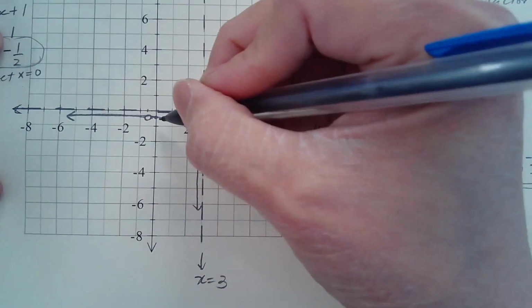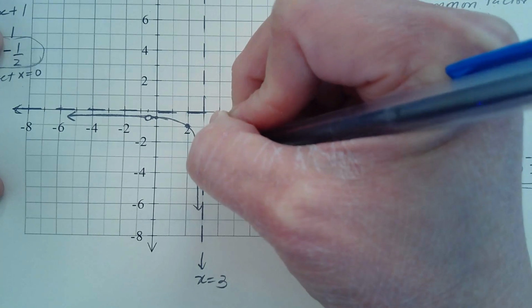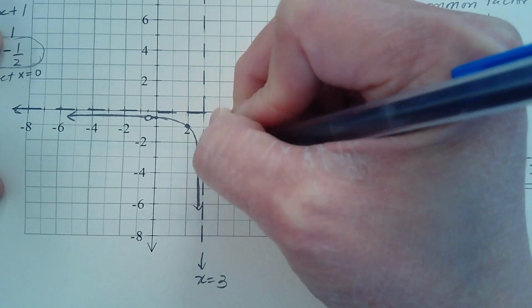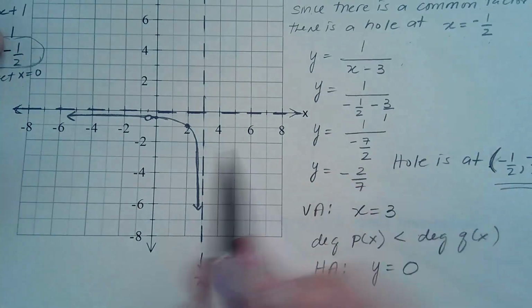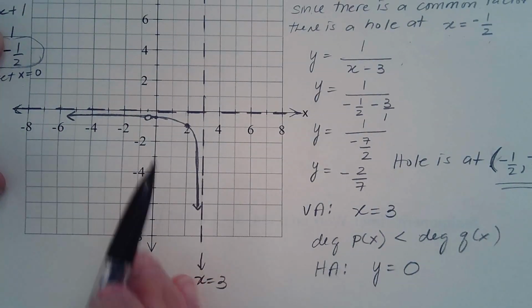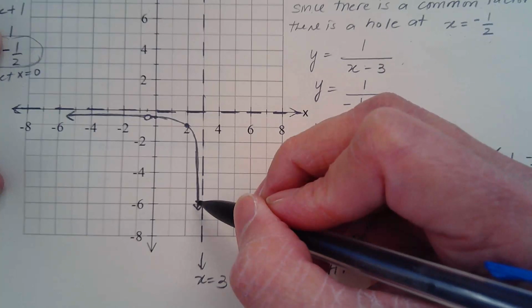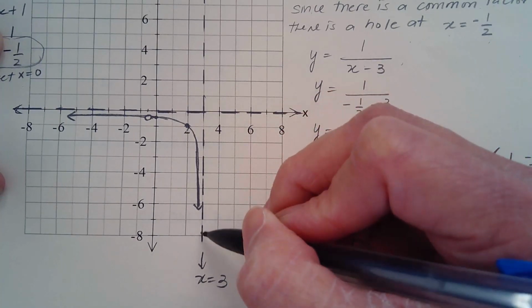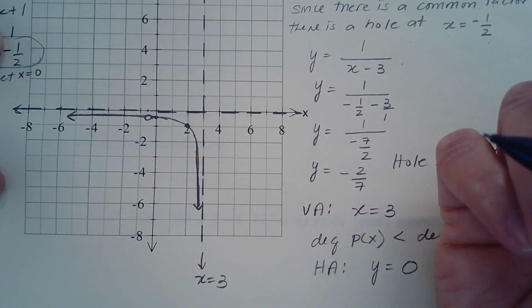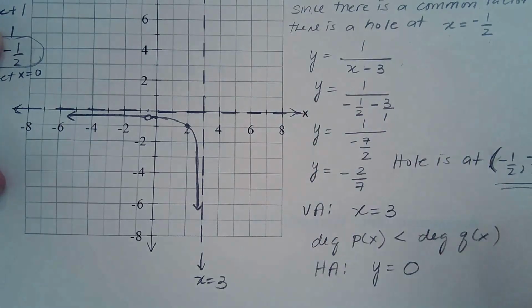I know I shouldn't be really teaching for the provincial exam, but this is what they're looking for. Arrows, there's a hole, and then this gets closer and closer, but not touching it.